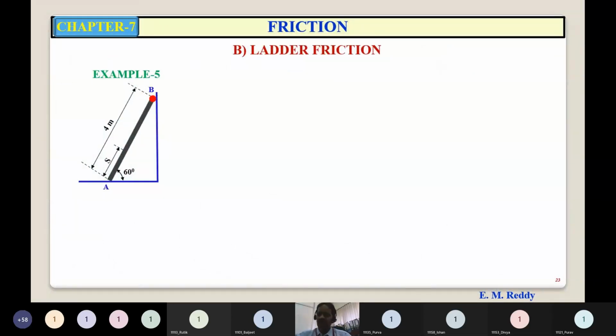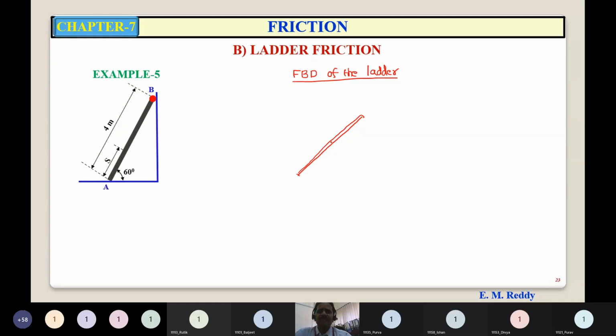So this is the given figure. The first step is the FBD, the free body diagram of the ladder. What are the forces acting on the ladder?